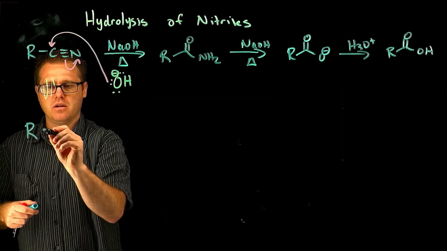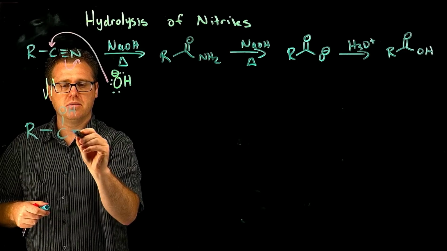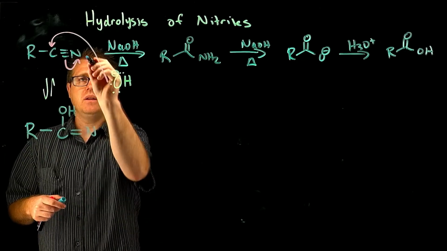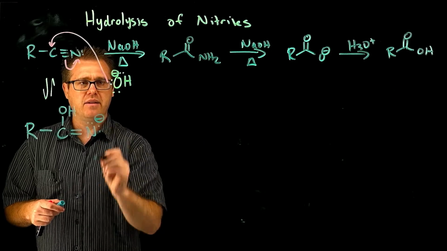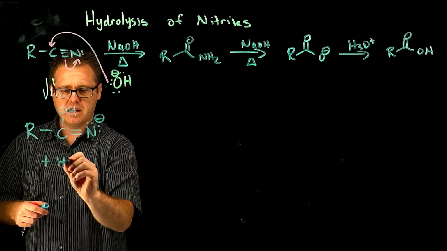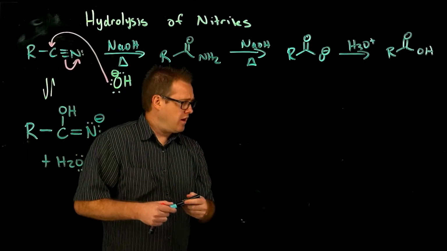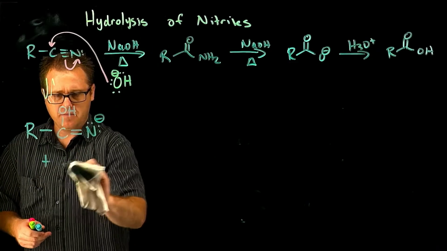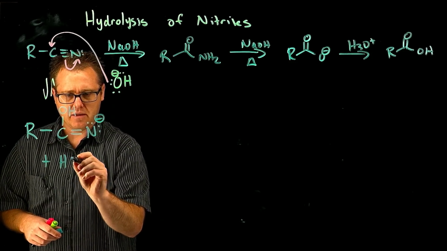So our carbon, OH, double bonded nitrogen. There's already a lone pair there. Now there's another one. So that means that's going to have a negative charge, and we just generated some water. Now let's expand out that water molecule. Let's do it like this.